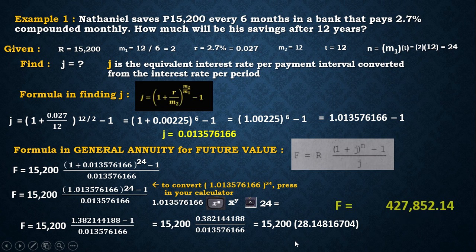And it becomes 427,852.14. So, ito daw po ang naipong pera ni Nathaniel sa loob ng 12 years kapag siya ay naguhulog kada 6 months sa bangko ng 15,200. 427,852.14.